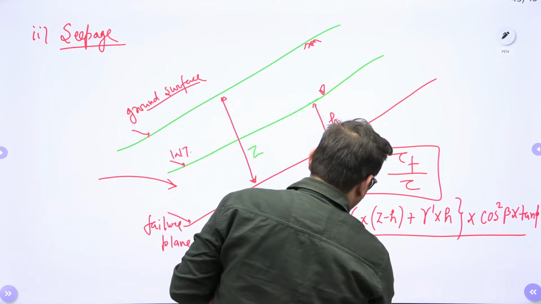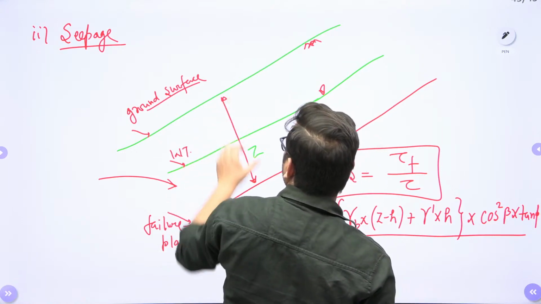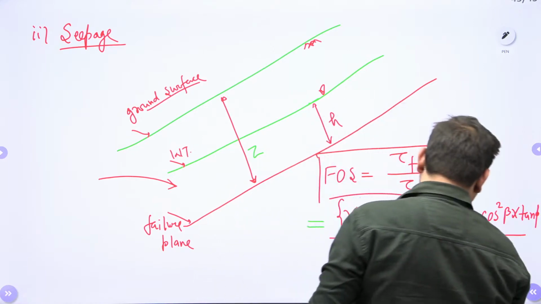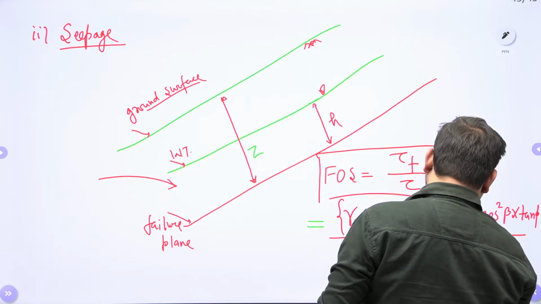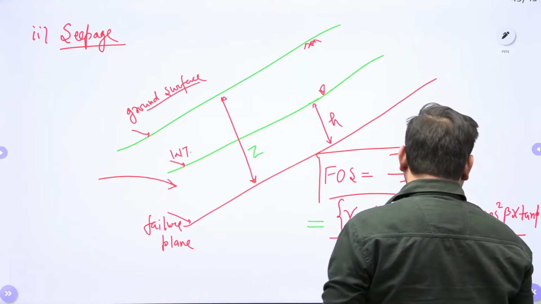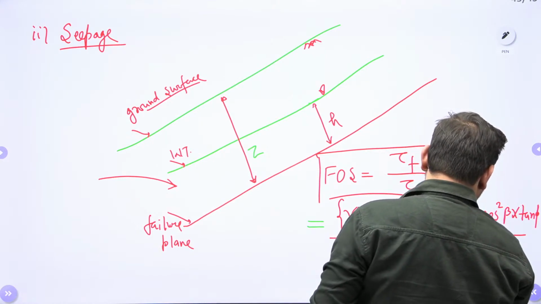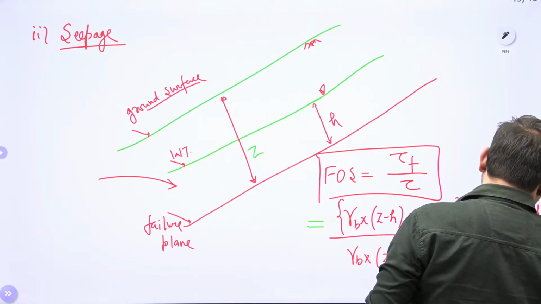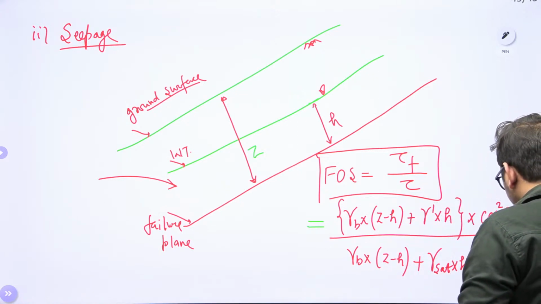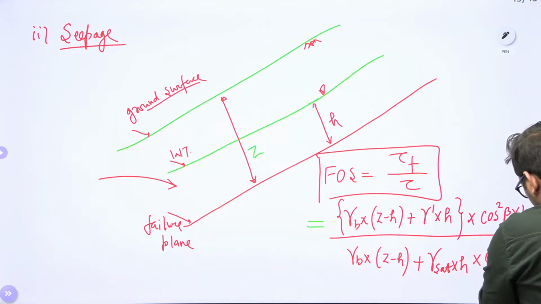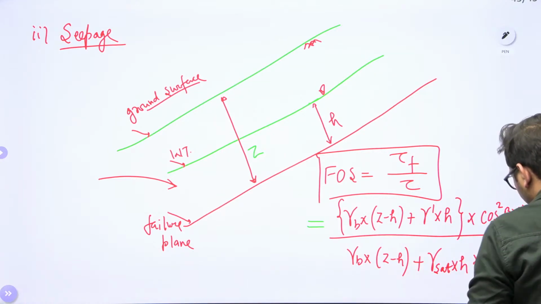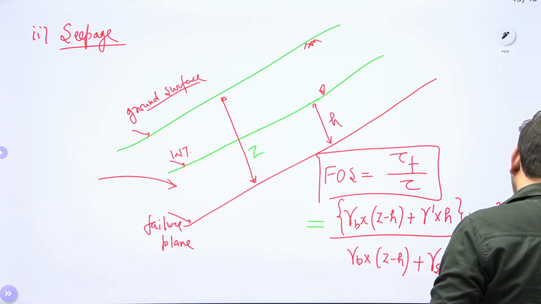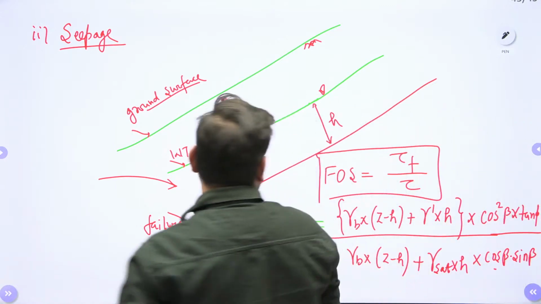So, it will be gamma bulk into z minus h plus gamma saturated into h, into cos beta into sin beta, right? So, it will be your particular formula.